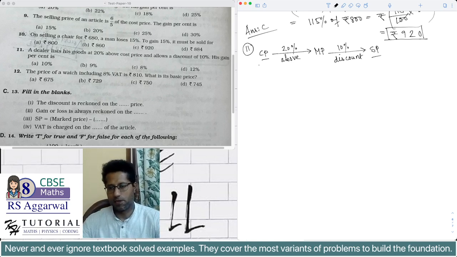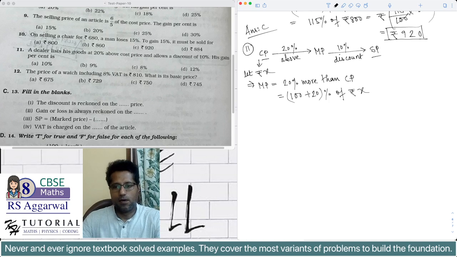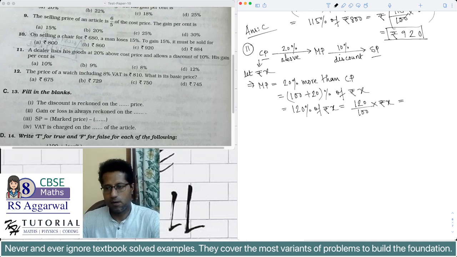Now we don't know the cost price, so let's assume the cost price be rupees X. Now we can say that the mark price MP will be equal to 20% more than CP, because the dealer has marked the price of the article 20% above the cost price. 20% more means 100 plus 20% of cost price, which we have assumed to be rupees X. This is equal to 120% of rupees X. This is equal to 120 by 100 multiplied by rupees X. This after simplification is rupees 6x by 5.